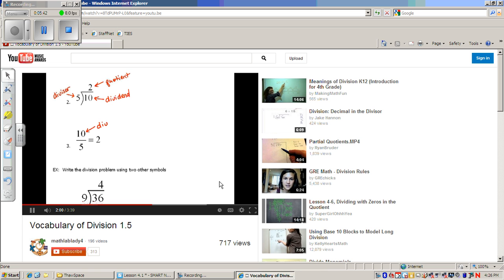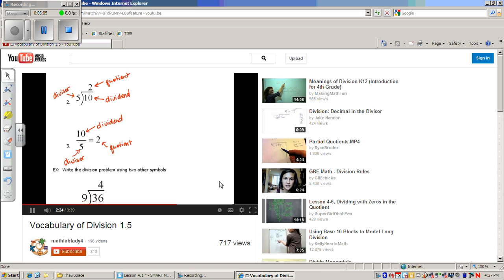This 10 is still called the dividend. The 5 is still called the divisor. And our 2 is still called our quotient. So no matter what form they're in, you still need to know exactly what the proper terminology is for each position.